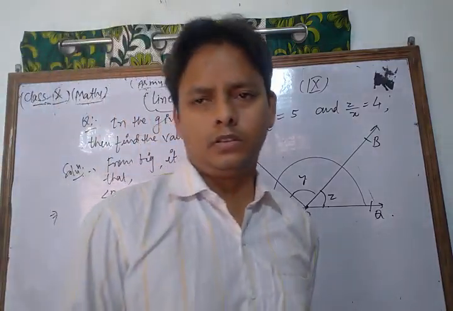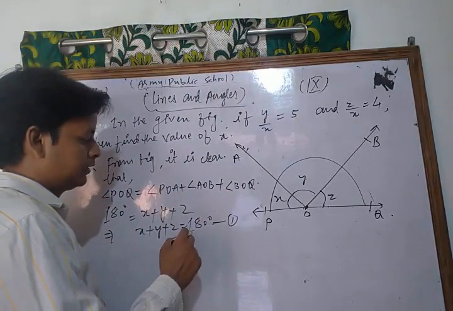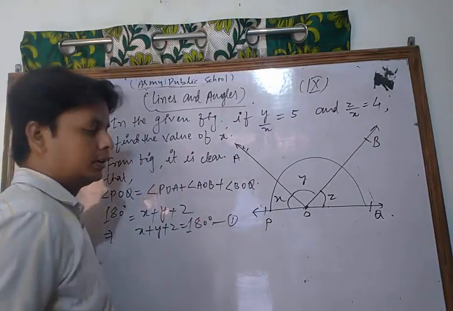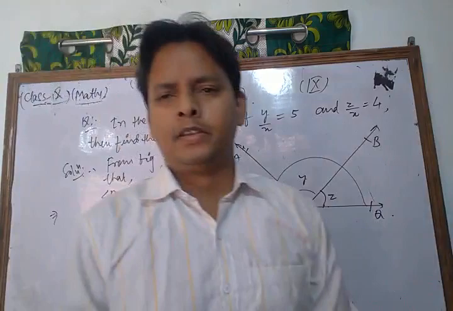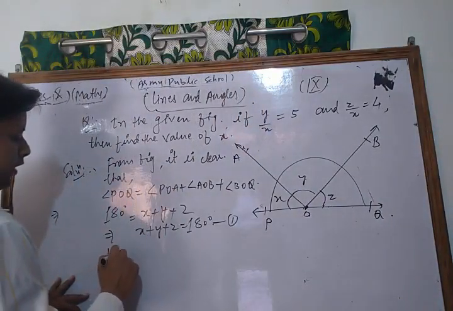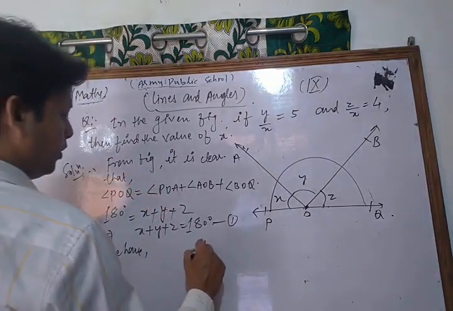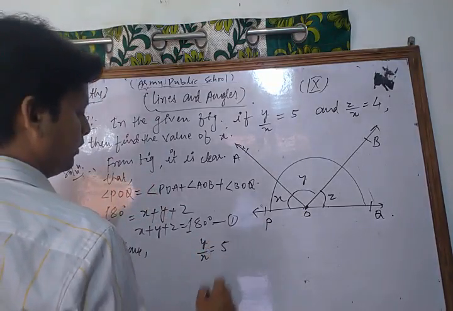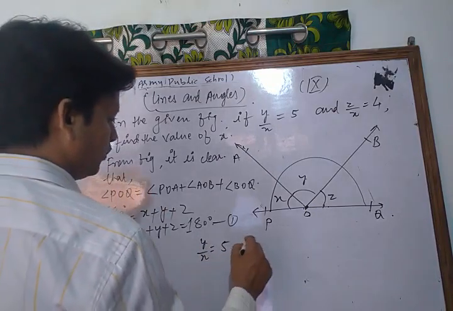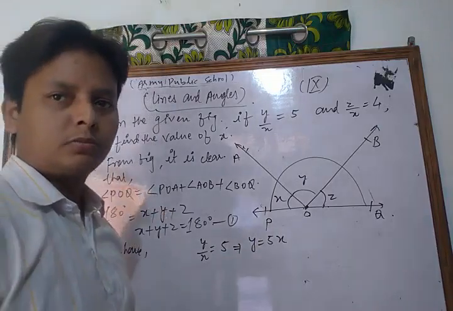Take this as equation number 1. So the sum of angles x plus y plus z is equal to 180 degrees. Now we have y upon x is equal to 5. So from there we get y is equal to 5x, by cross multiplication.